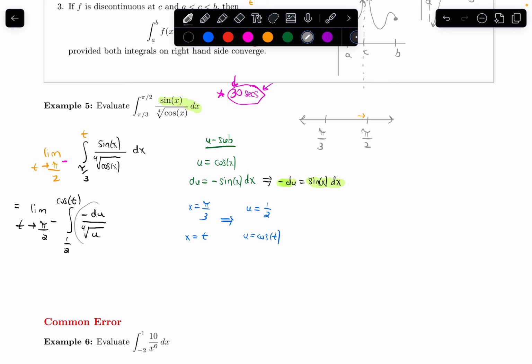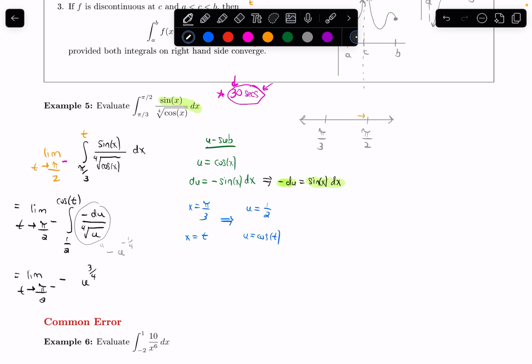All right, so now we've got to evaluate this integral. I can simplify this function because I have that negative, and then moving the root to the top and writing it as an exponent, I get u to the negative 1/4. And now I can do my antiderivative. This is just my reverse power rule. So I've got this limit as t approaches pi over 2 from the left, and I've got that negative in front.